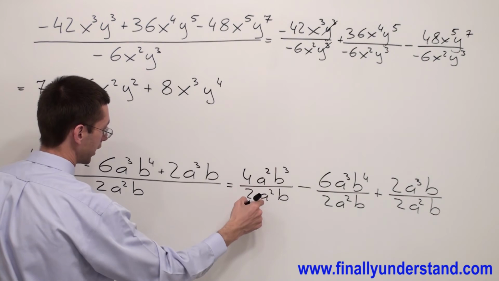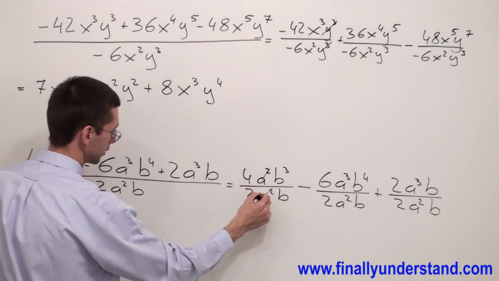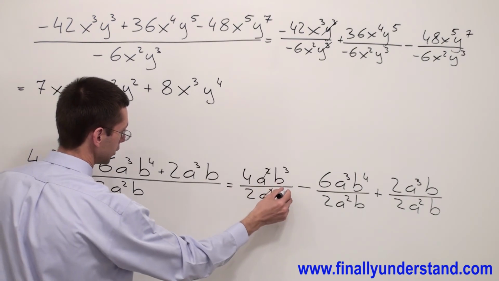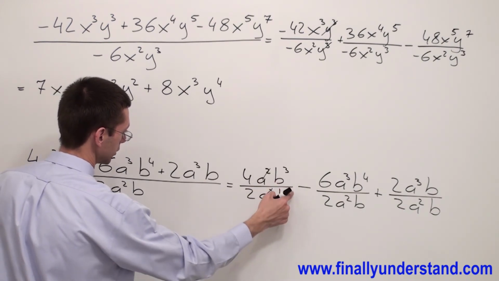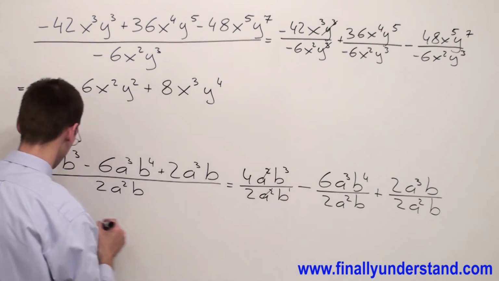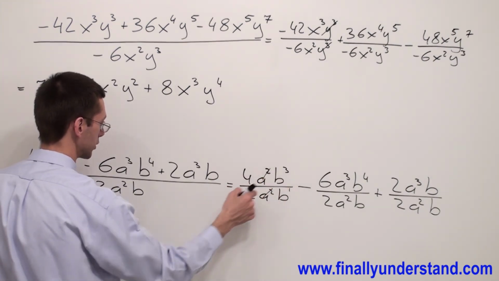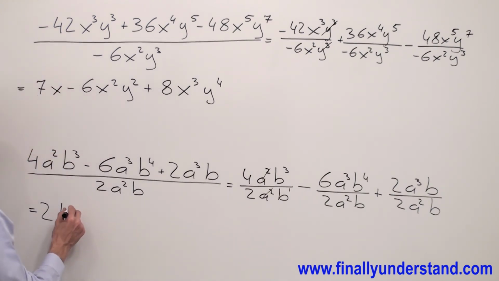A squared divided by a squared is 1. Okay, I'm going to cancel them out. B, anytime there is no exponent visible, there is always invisible 1. I have to keep b, because I have division, the same base, I have to subtract the exponents. 3 minus 1 is 2.